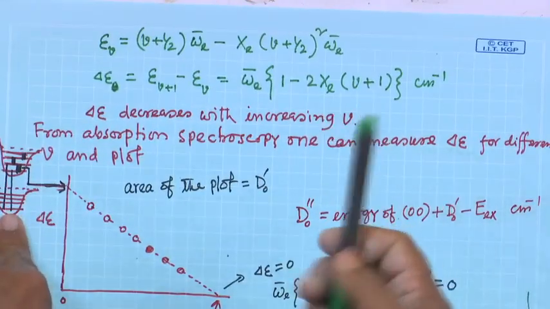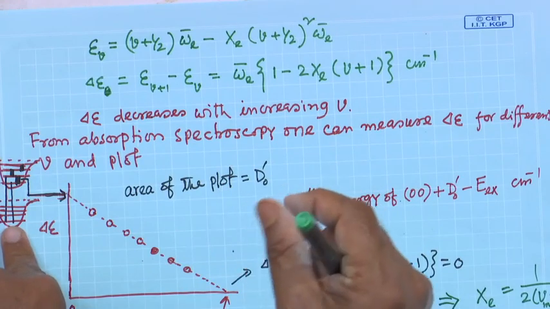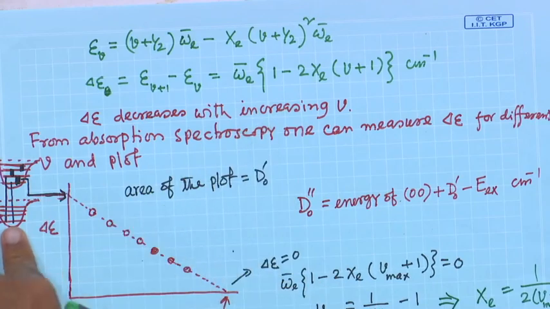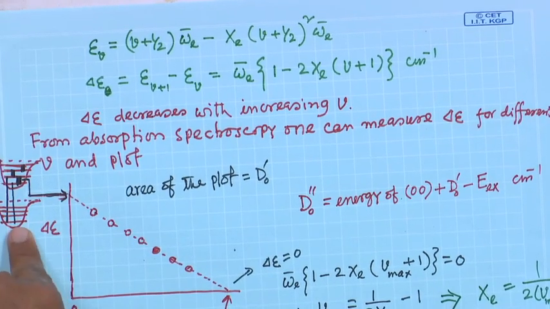Now, D0 dash I know, and the energy of the 0 you will also know, because you are measuring the separation, which means you know the wave number of each spectral line. So the 0-0 line you will get.